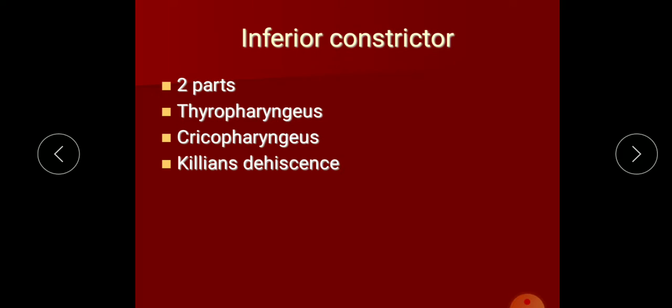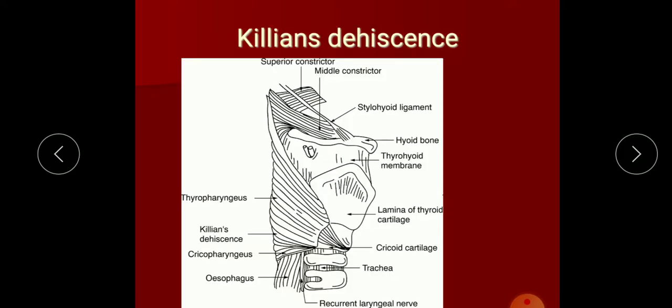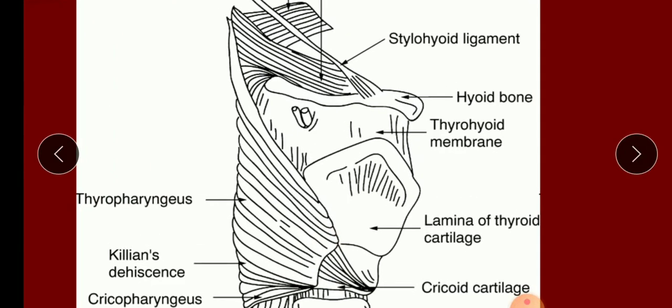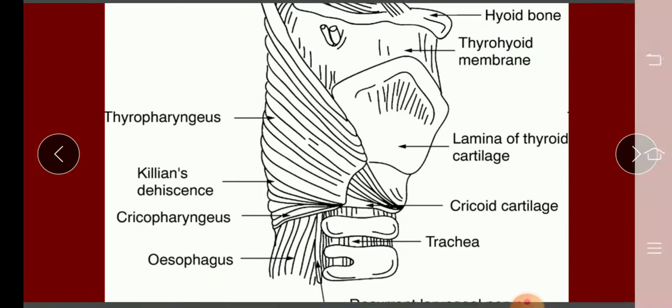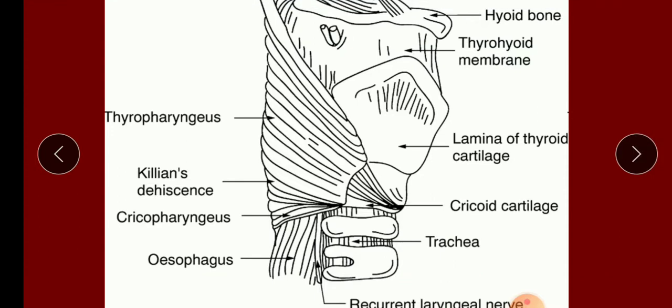Okay, so we'll go to the figure so that you will appreciate Killian's dehiscence more. So look at that figure. You are seeing thyropharyngeus there. This is the thyropharyngeus. This is the cricopharyngeus. And that gap in between, it's marked there. And that is what is termed Killian's dehiscence.